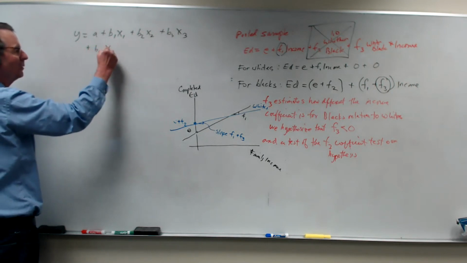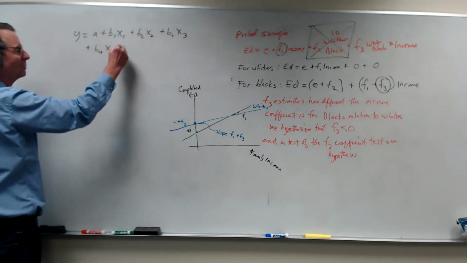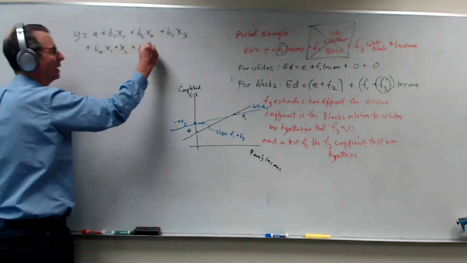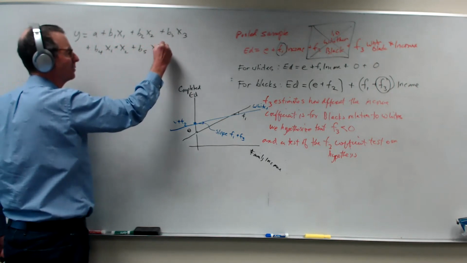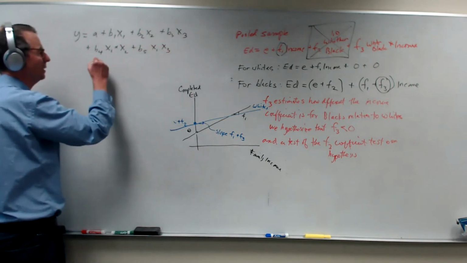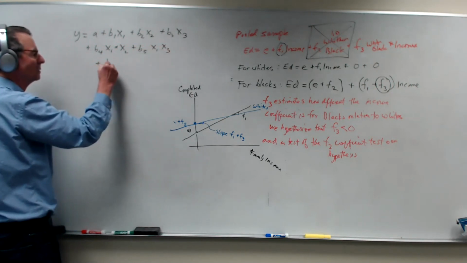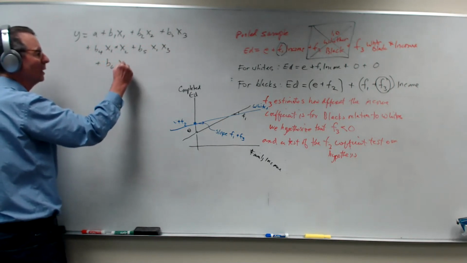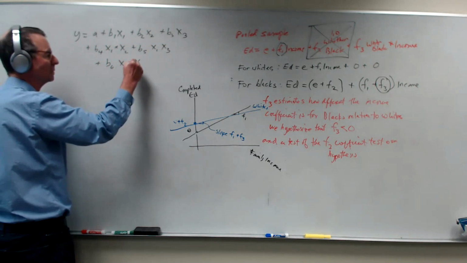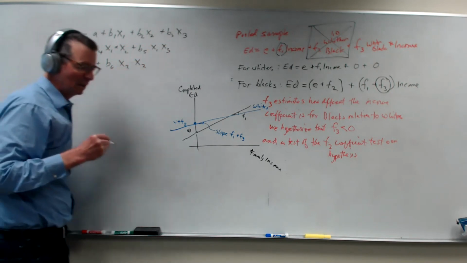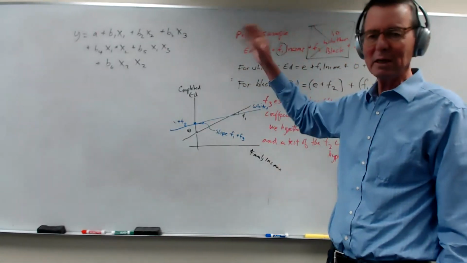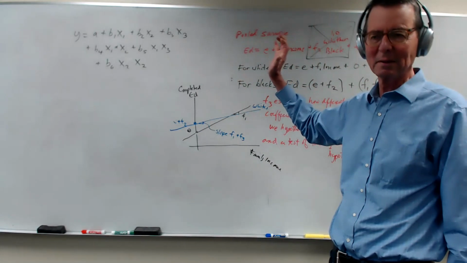You can have interaction between x1 and x2, between x1 and x3, and between x2 and x3. That's called a fully saturated model, where you've got everything interacting with everything else, right?